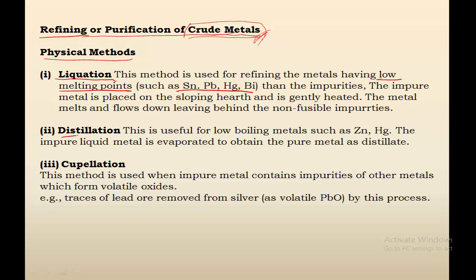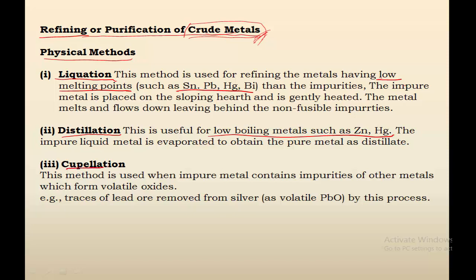And the second one is distillation. This is useful for low boiling metals such as zinc and mercury. Remember these processes and for which type of metals they can be applied.